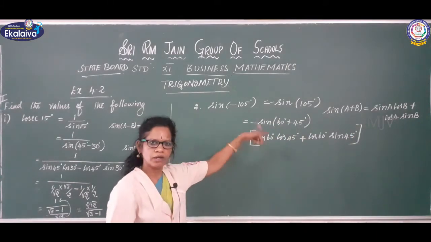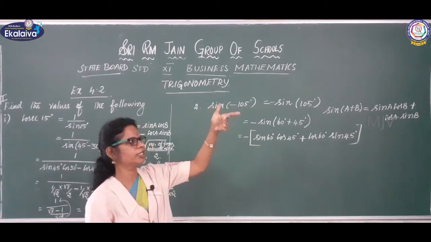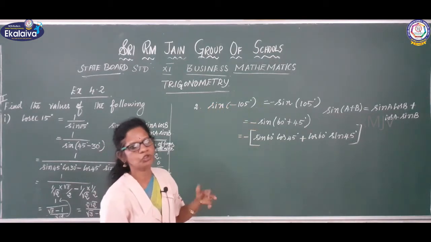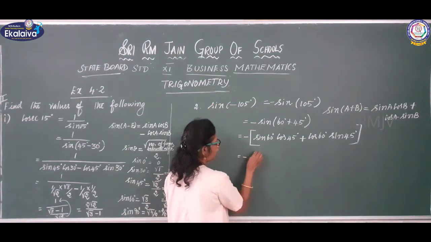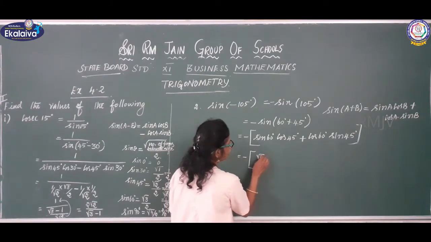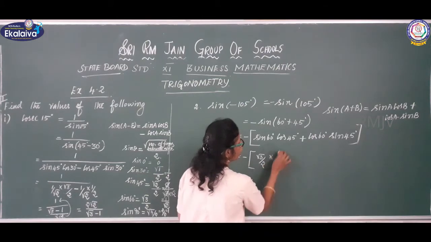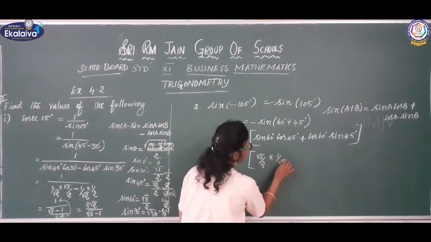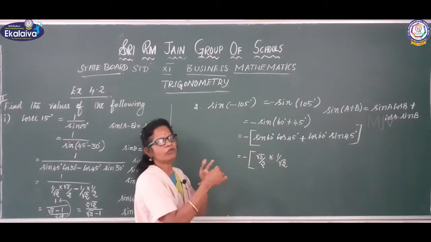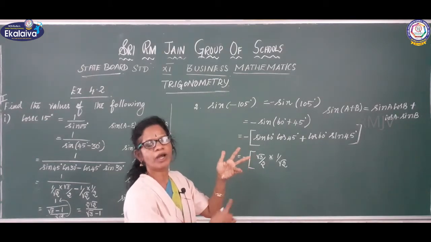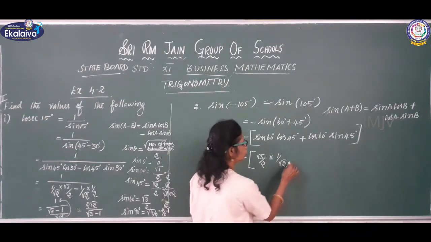Sin 60, immediately you should take your finger and see square root of 3, so root 3 by 2. So, minus root 3 by 2 into cos 45, 1 by root 2. This is my 45 degree. Square root of 2 by 2 is nothing but 1 by root 2.